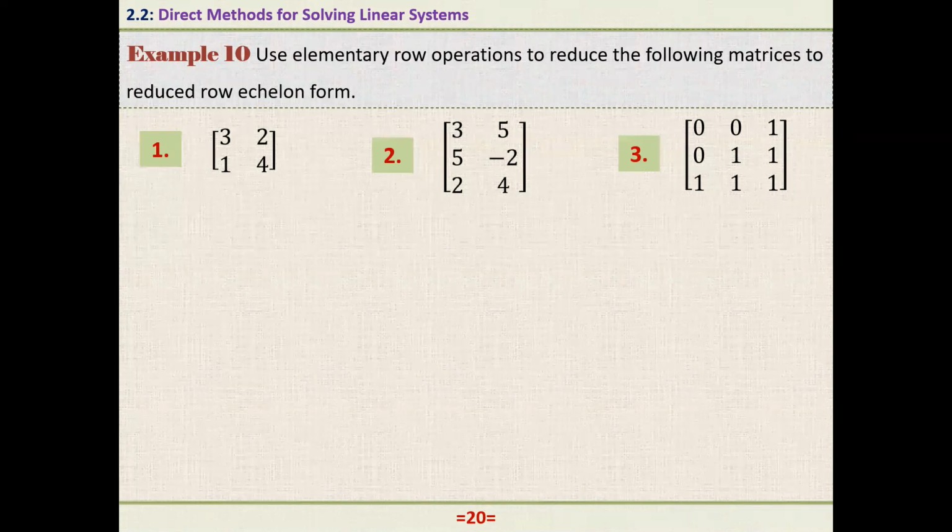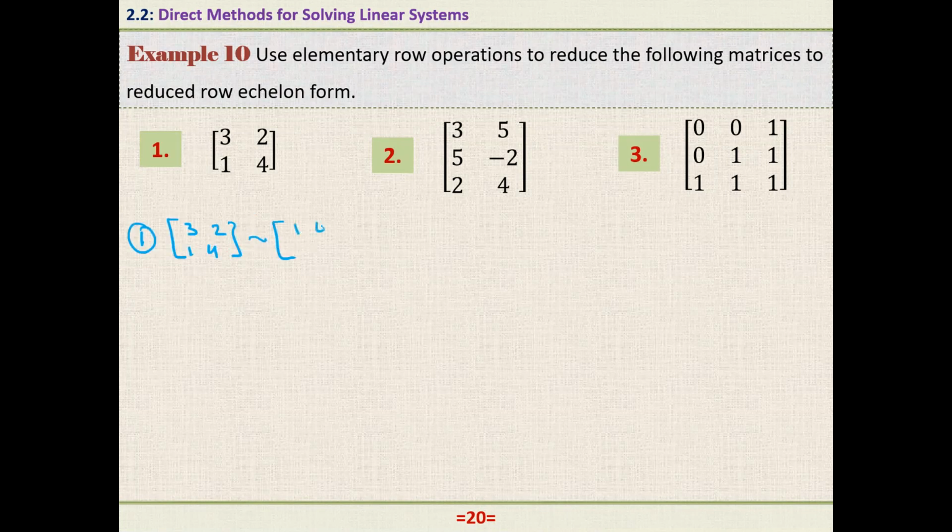So let's get back to this question. By using elementary row operations, we have to reduce the following matrices into RREF. So let's start from the first one. Here we have 3, 2, 1, 4. The first elementary row operation, let me just swap their rows.